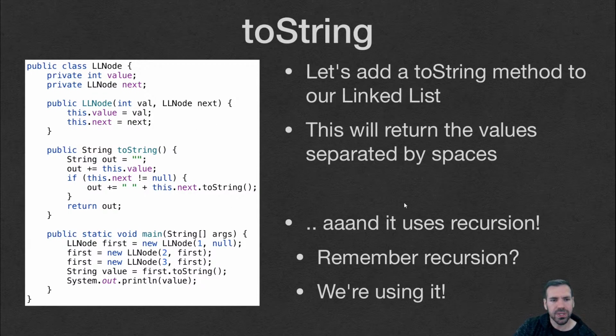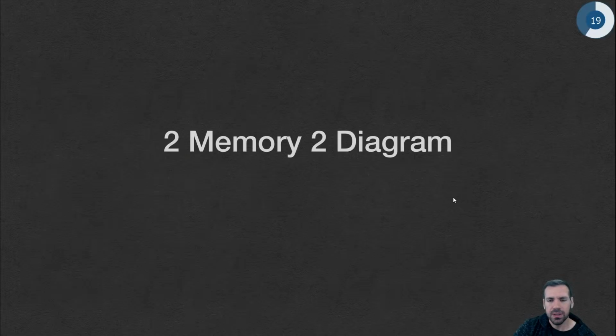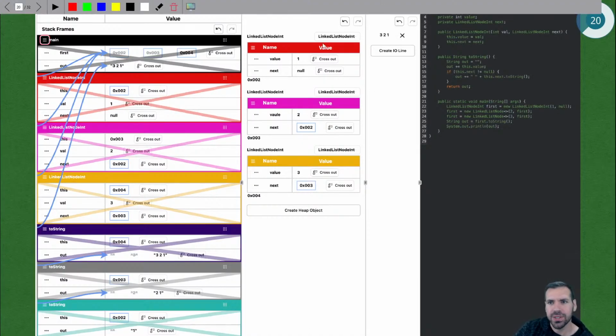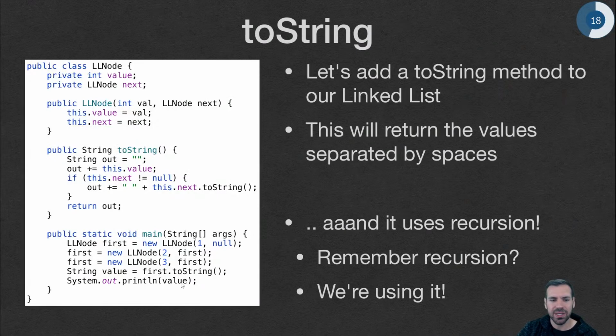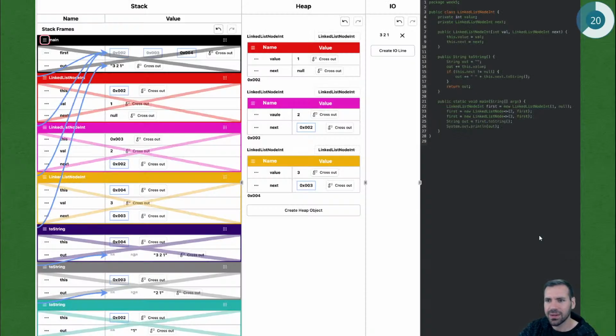So we're using recursion. And here's your big memory diagram for the whole thing. So I added the toString here, just to make that toString explicit. This is implicit that we're calling. Oh no, never mind. I didn't even change anything.